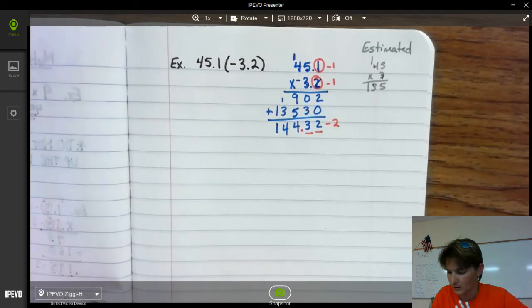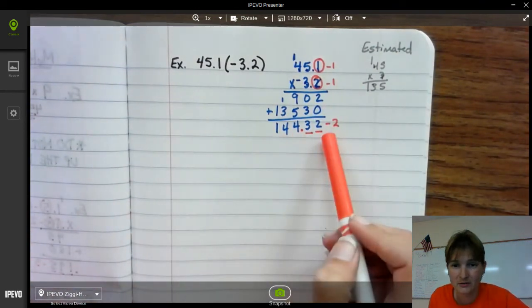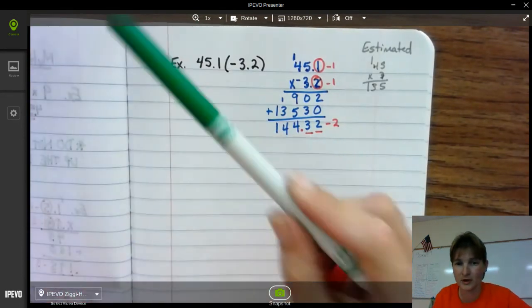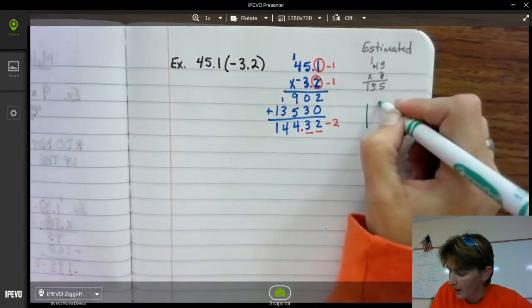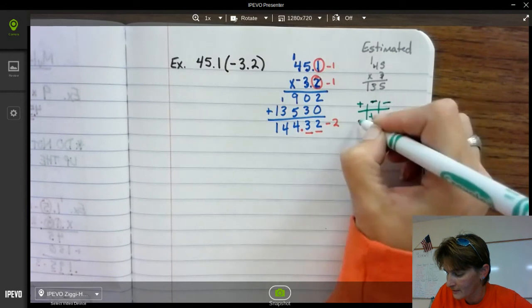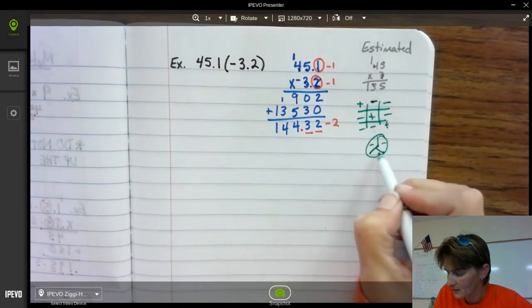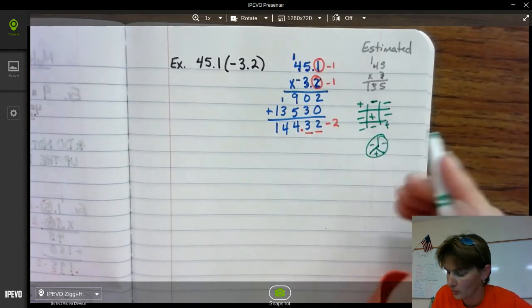All right, now that we have determined our decimal place values, the last step was to determine whether or not it is positive or negative. Again, I'm going to say always follow one of your ways, which is using the tic-tac-toe or the peace sign. It doesn't take but 2 seconds to draw either one of them, whichever one you're comfortable with.